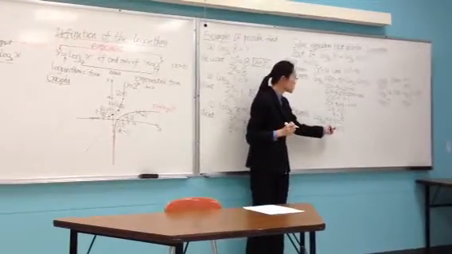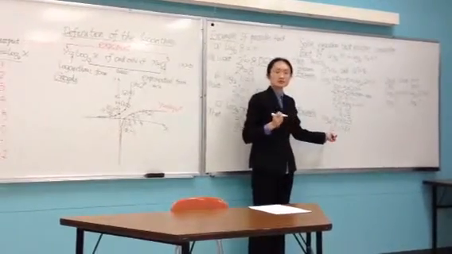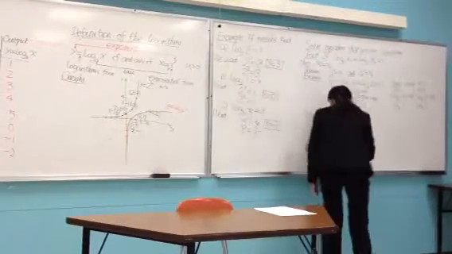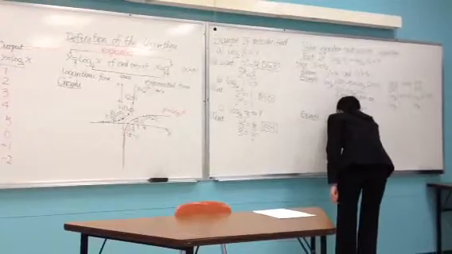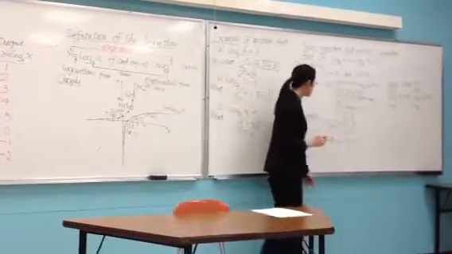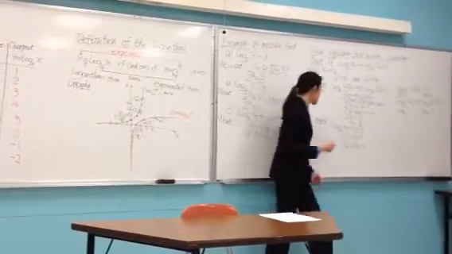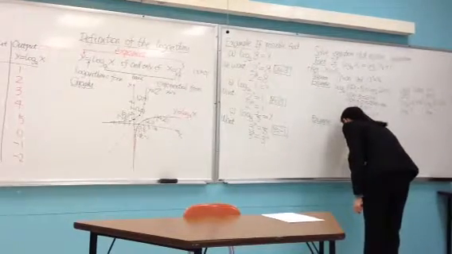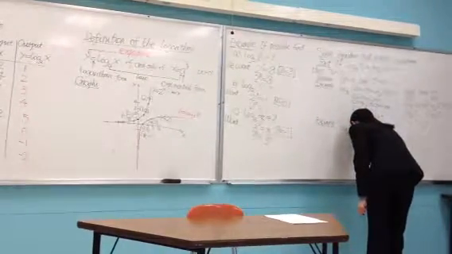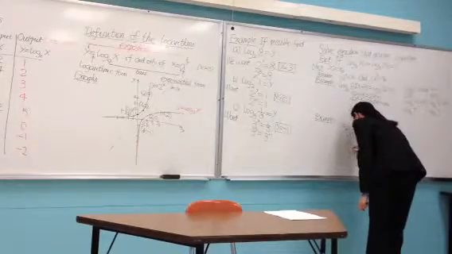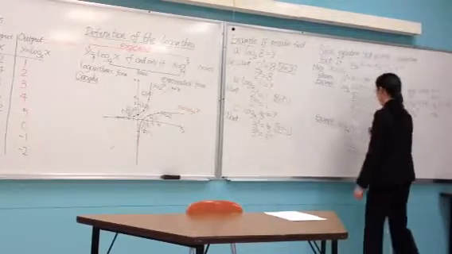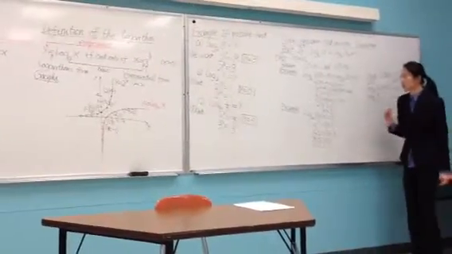Now 4 cubed is 4 times 4 times 4, which is 64. Now let's subtract 5 on both sides. Okay, we solve this one.